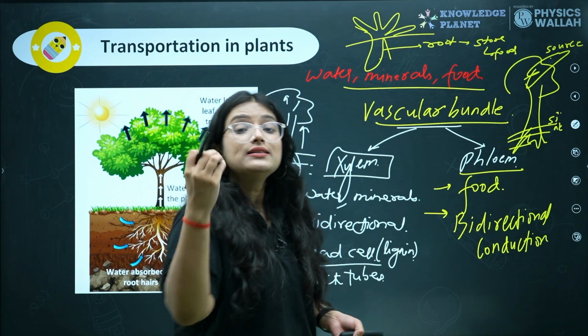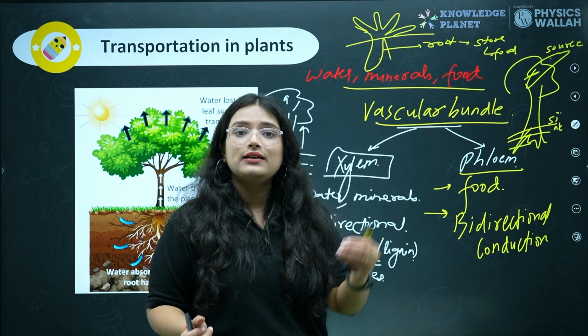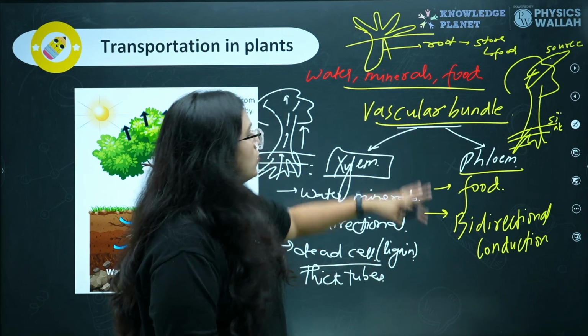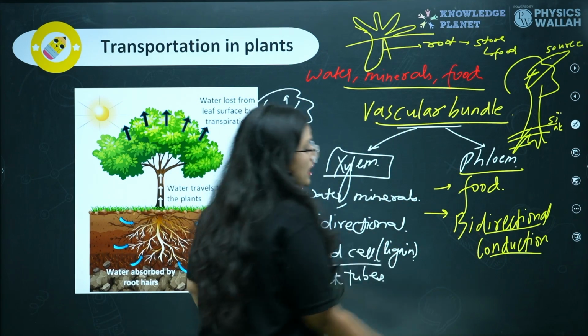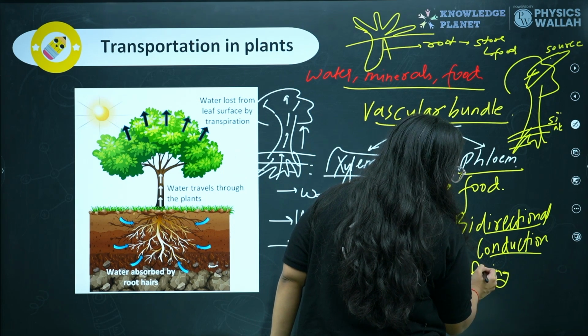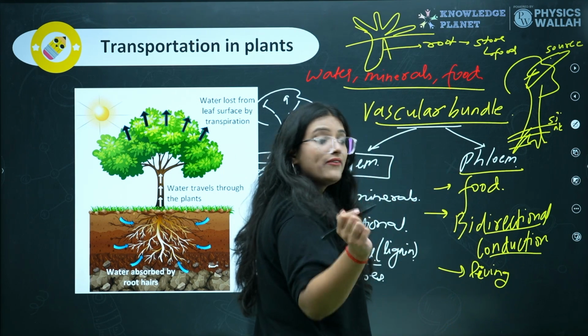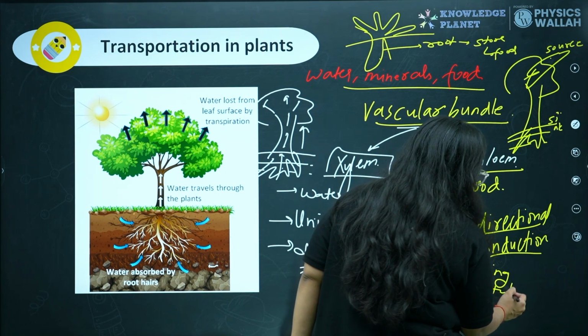During senescence, when the leaves are getting shed, different parts can also act as a source of food. So of course this conduction can be bidirectional. The phloem is generally living. It consists mostly of living parts, and they are thin tubes.